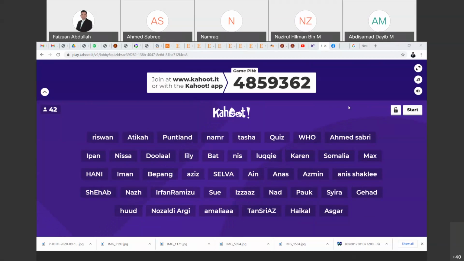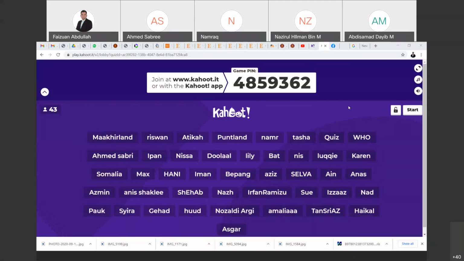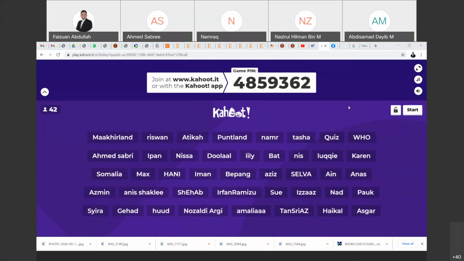5 more players. Come on. 5 more players. While waiting for your friends, you can dance first. Makhirlan is here. Tan Sri is there.